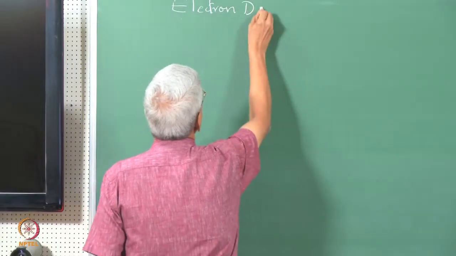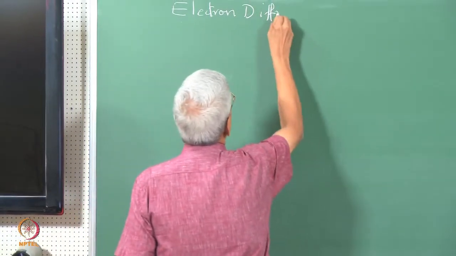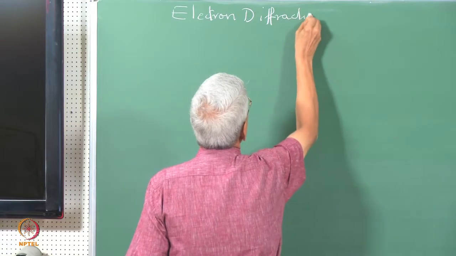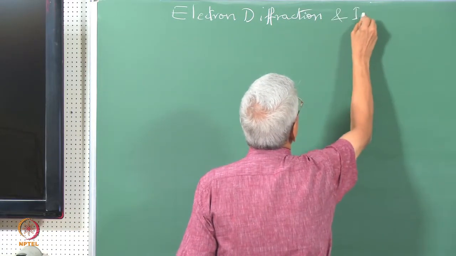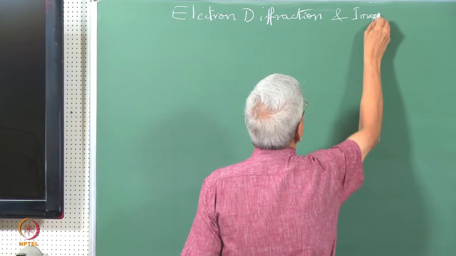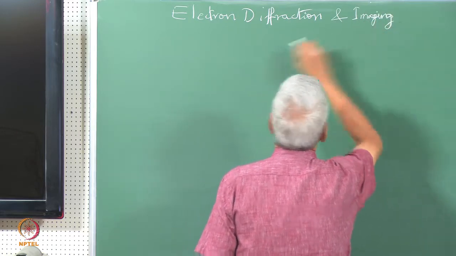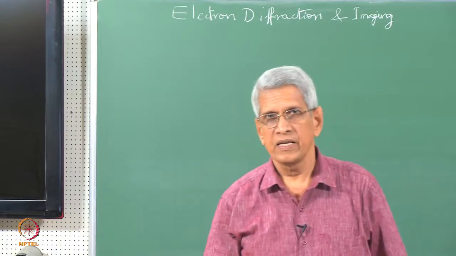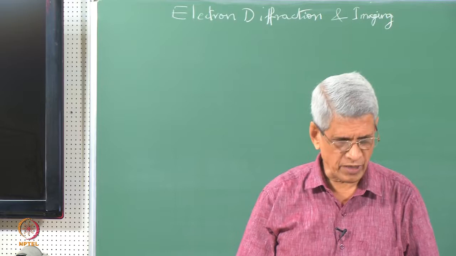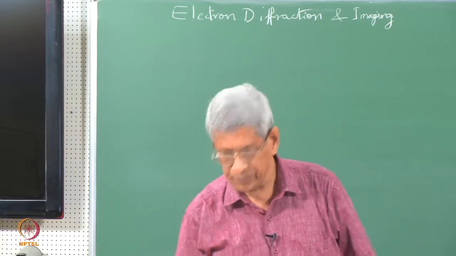This just gives a hint that possibly using this technique of electron diffraction, we can get information about both the crystal structure as well as the microstructure of the sample.